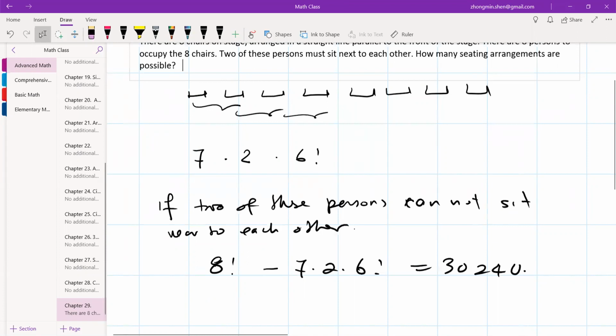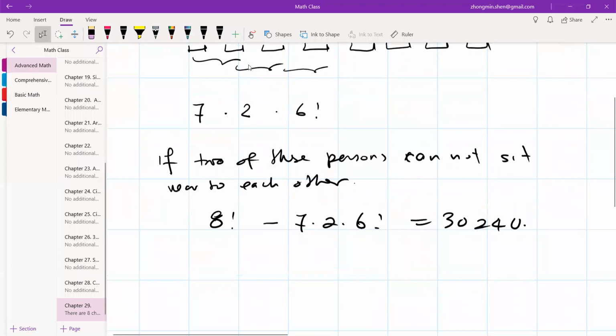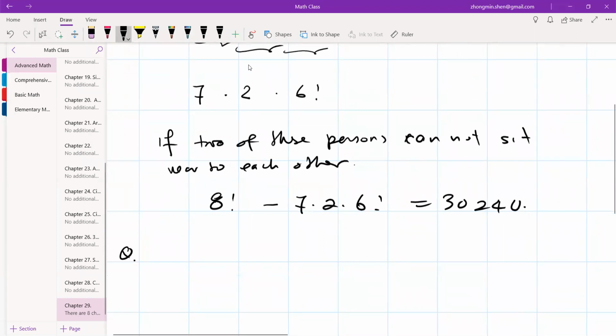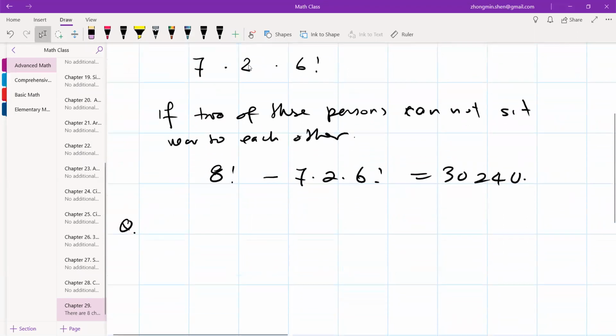So we already did a similar problem before. Let's do a similar problem.